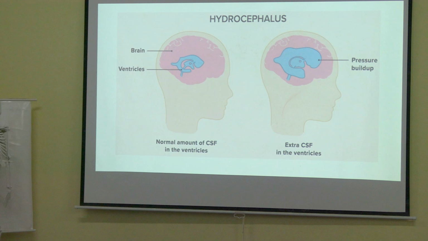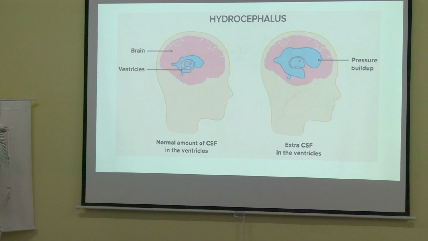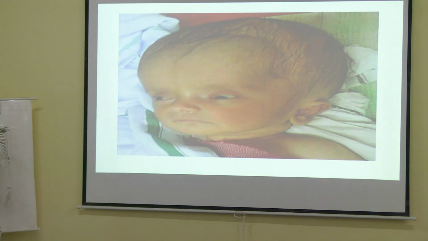What is the difference you can see here? In the second picture, the ventricles are bulged or enlarged in size due to the accumulation of your CSF. So this is how a baby suffering from hydrocephalus will appear.